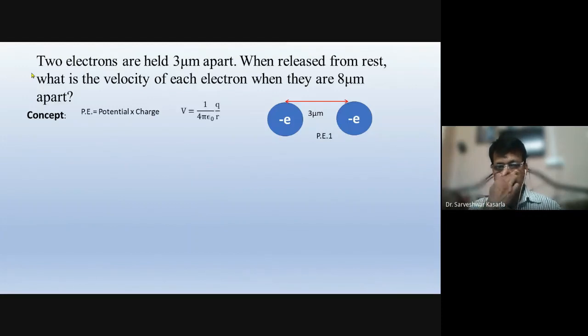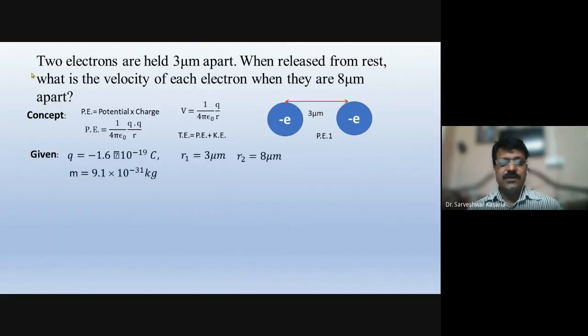That is, electric potential is given by 1 upon 4 pi epsilon 0 q by r, and potential energy will be equal to 1 upon 4 pi epsilon 0 q by r multiplied by charge. Here the charges are the same, therefore I kept it as q and q only, and total energy is equal to potential energy plus kinetic energy.